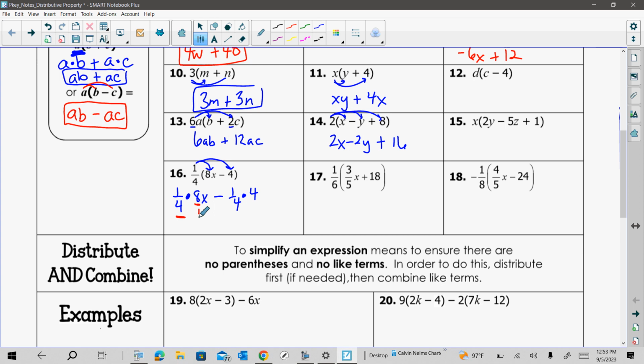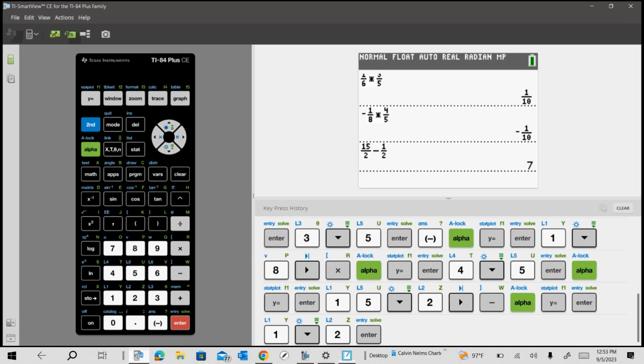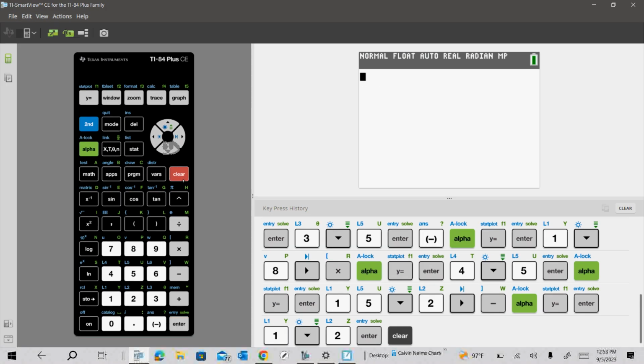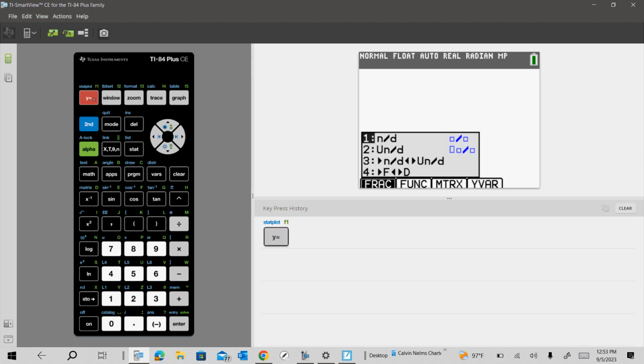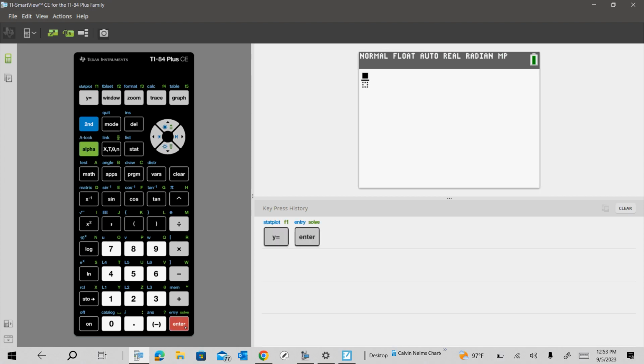Do y'all remember how to do that? What do we hit? Alpha. Alpha, Y equals, enter. Now you have your fraction boxes. You put a 1 on the top, then arrow down, 4.